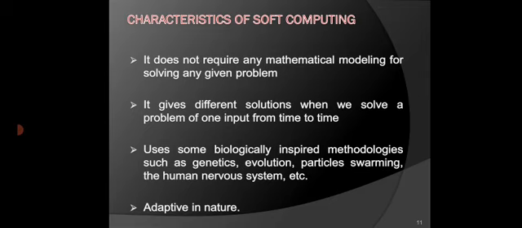Let's move forward to the characteristics of soft computing. It does not require any mathematical modeling for solving any problem. It gives different solutions when we solve a problem with one input from time to time. It uses biologically inspired methodology such as genetics, evolution, particle swarming, the human nervous system, etc. And it is adaptive in nature.